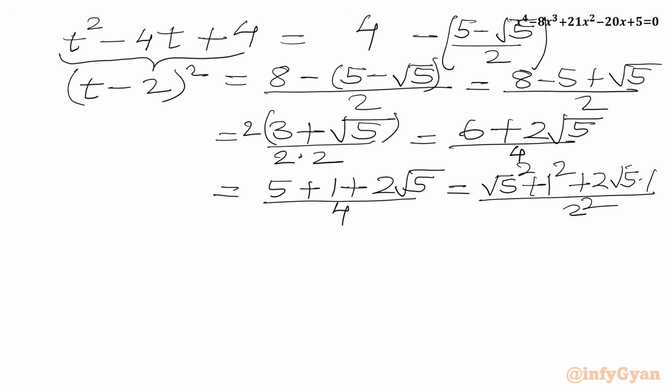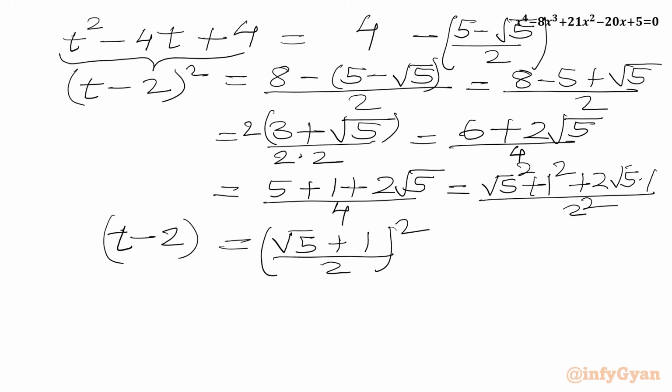A square plus b square plus twice ab is (a plus b) whole square. We will write the numerator as (root 5 plus 1) whole square and the denominator is 2 whole square. So we can write (root 5 plus 1) over 2 whole square equal to t minus 2 whole square. Now we will take the square root on both the sides and we will get t minus 2 equal to plus minus (square root 5 plus 1) over 2.